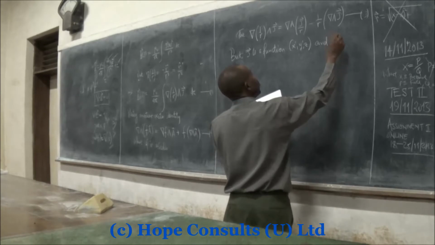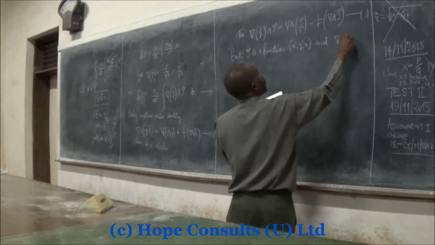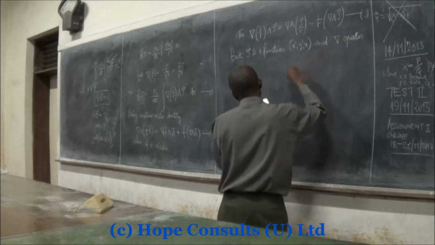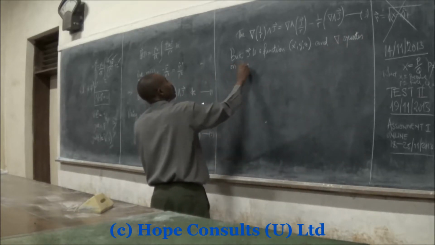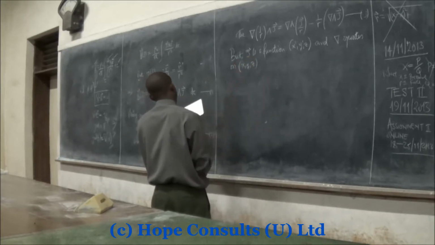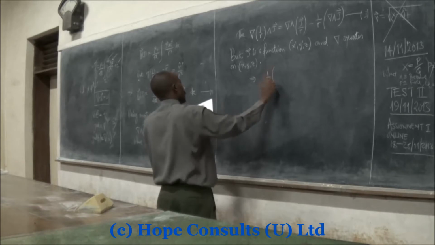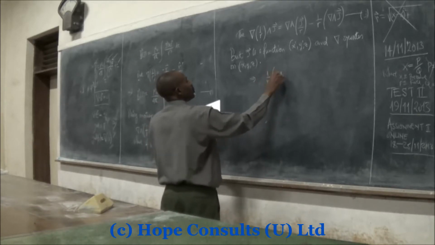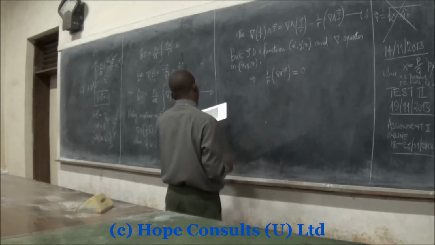And the grad operation operates on the unprimed coordinates or variables, implying that 1 over R, the curl of J comes to 0 again.